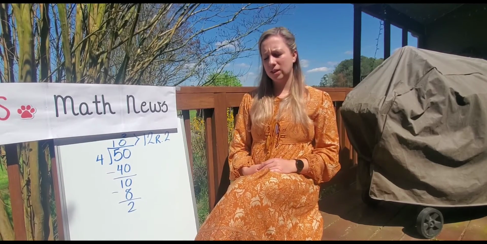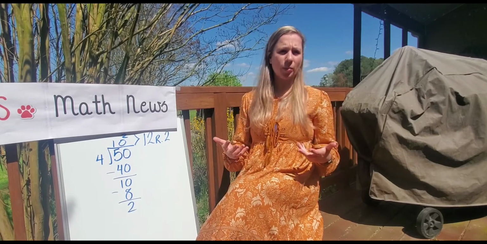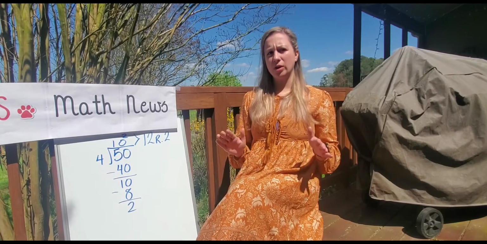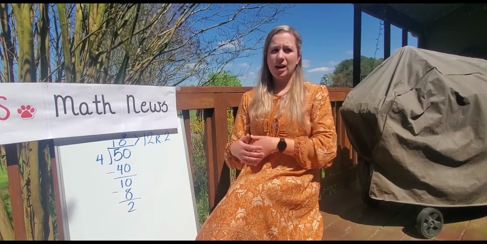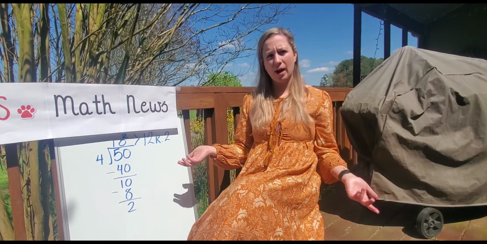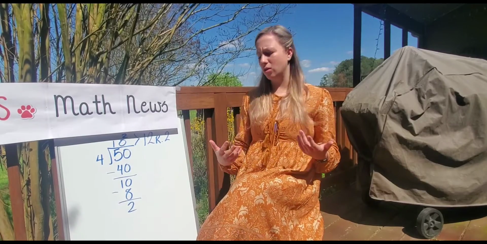So let me think of the second letter, I, ignore. For this type of problem, we would use I for ignore because we can't share a balloon, as we said, and I can't add more balloons that I don't have or take them back, so I can't round. So what I have to do is ignore.